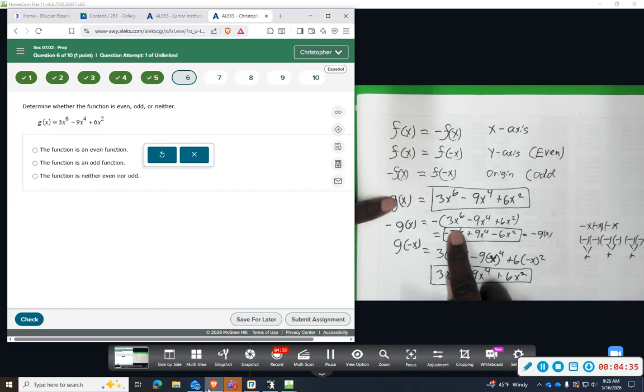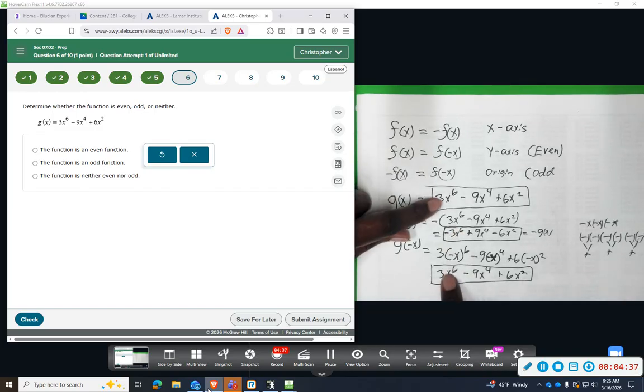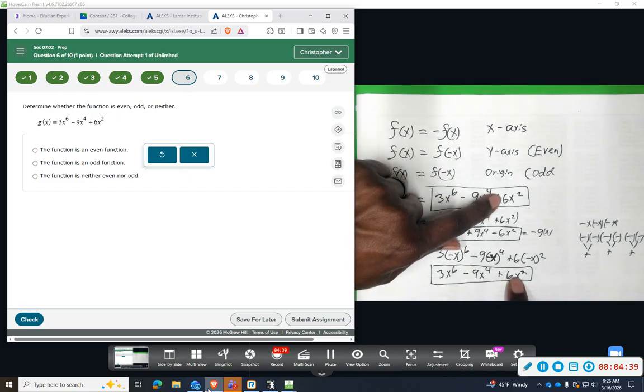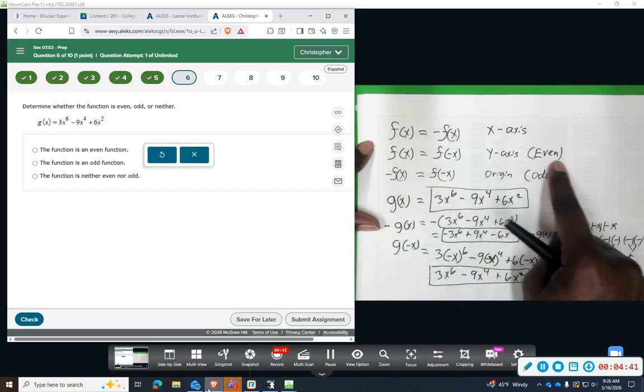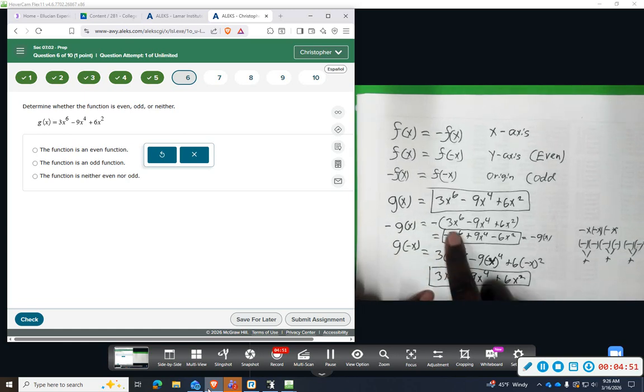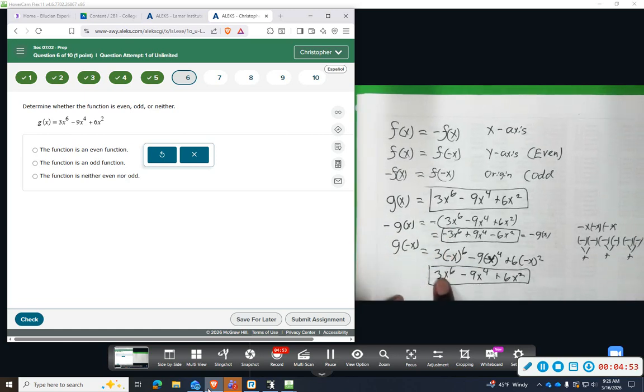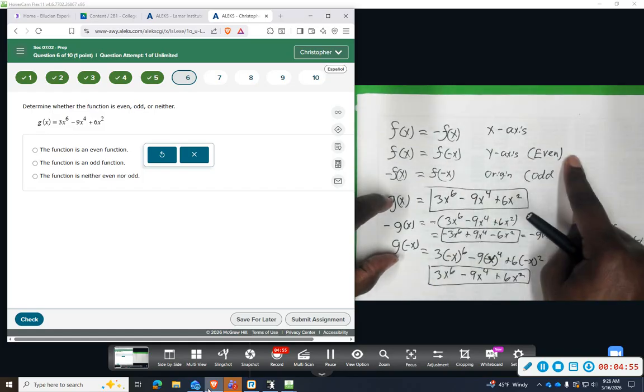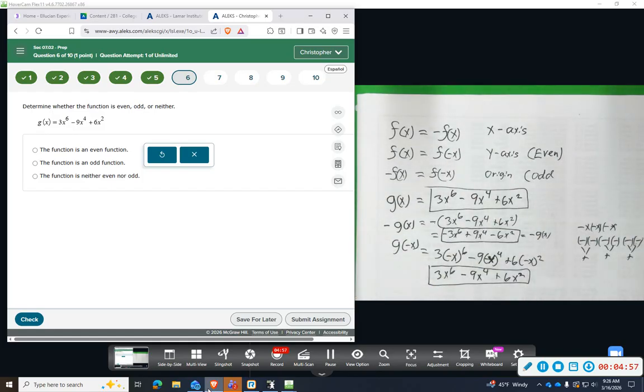So that means this one and this one. And these are exactly the same all the way down, so this function comes out even. And then we compare these 2 together, negative g of x and g of negative x. And again, the first term violates that because they have opposite signs. So this function is even, and that is it.